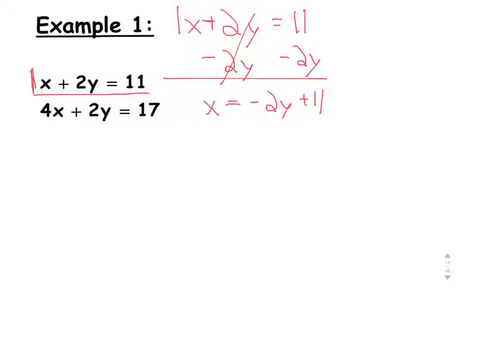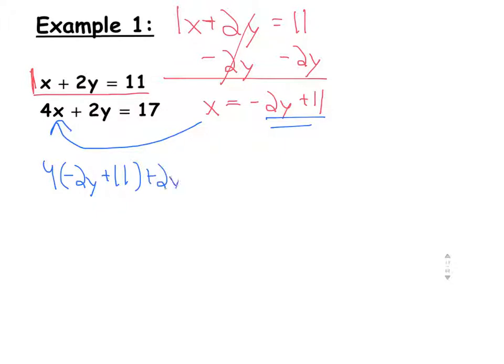So I took this first equation, I solved it for x, and now I can take this value for x, the negative 2y plus 11, and in the second equation, I can replace the x with that. So that would be 4 times negative 2y plus 11 plus 2y equals 17.